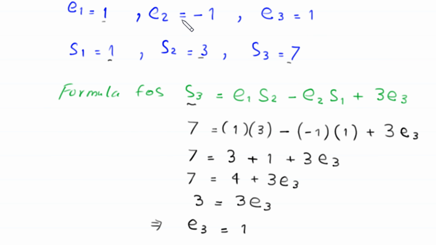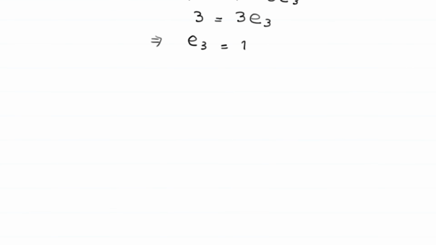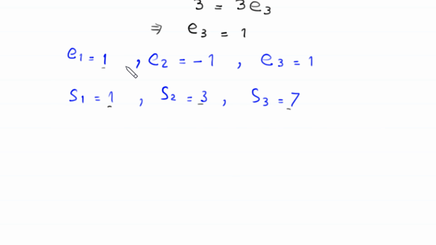Now we copy this information and find S4. Now we have E1 is 1, E2 is negative 1, E3 is 1, and S1 is 1, S2 is 3 and S3 is 7, and we find the value of S4 using Newton's sums formula for S4.